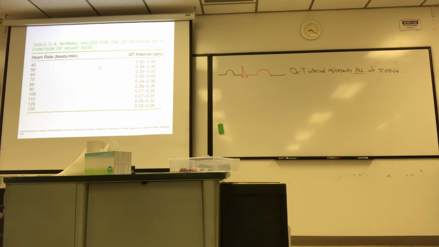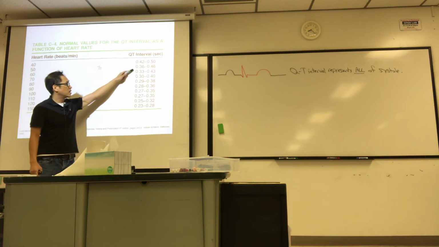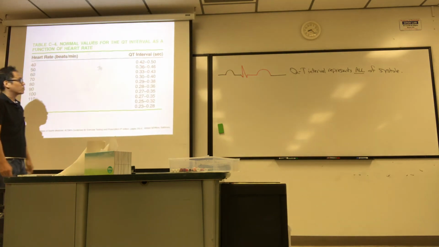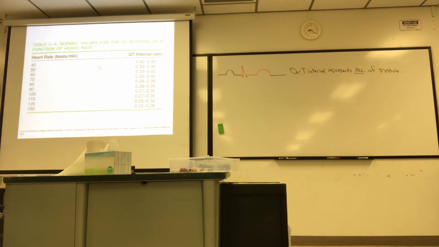So think about that. For the exercise part, do you think your heart rate's elevated? Okay, I don't have to ask these people now. Your heart beats faster and stronger. Okay, look at the QT interval. As the heart rate increases, what happens to the QT interval? It decreases. That makes sense, right? So each systole, it's contracting faster and stronger.